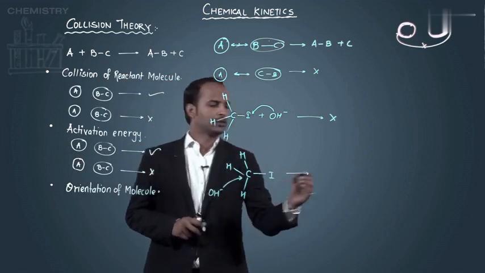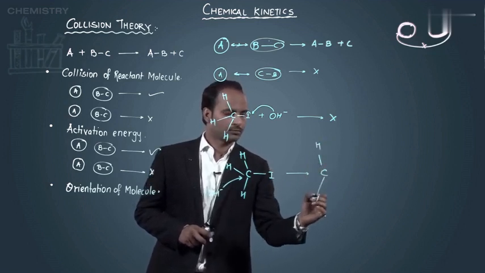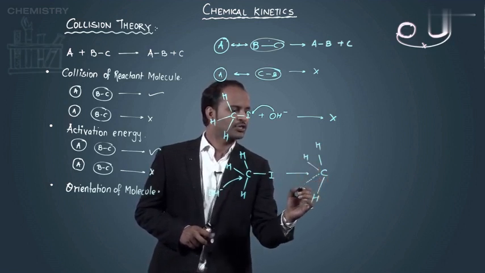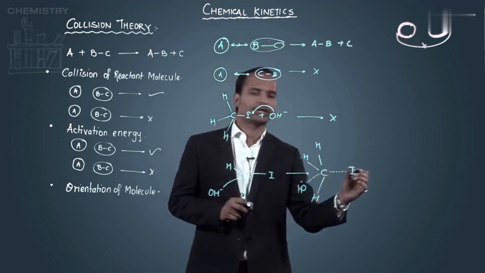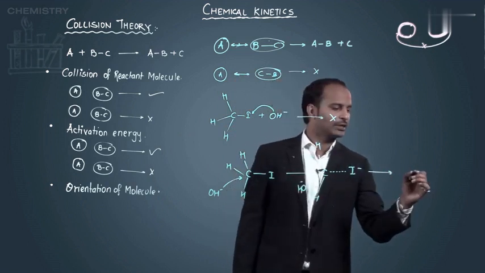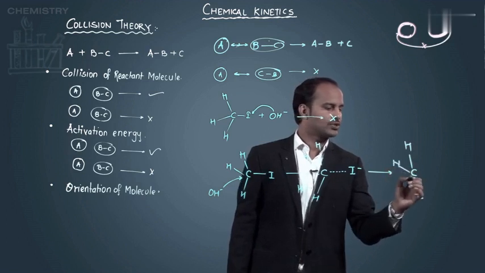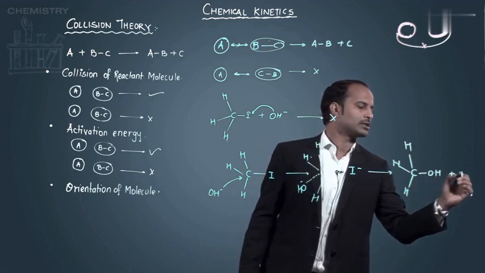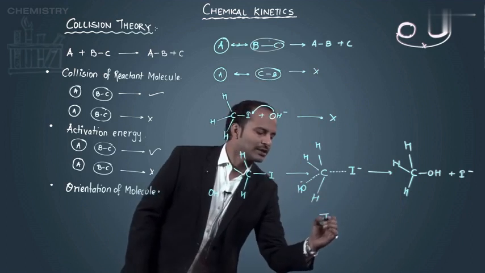During the process, the OH minus ion is linking here, and at the same time as the OH minus ion attaches, the iodide ion comes out, and ultimately this is the proper orientation. I will get C, H, H, H, and OH will finally attach, and iodine is outside. So here I can say this part is called the transition state.